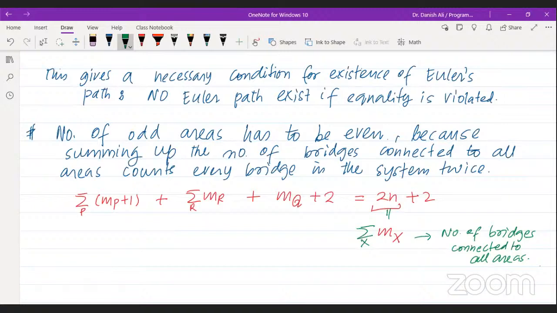Okay, in which cases will the equality hold? So the equality will hold in the following two cases. We call it equation number 2, and equality of equation 2 holds in the following cases.